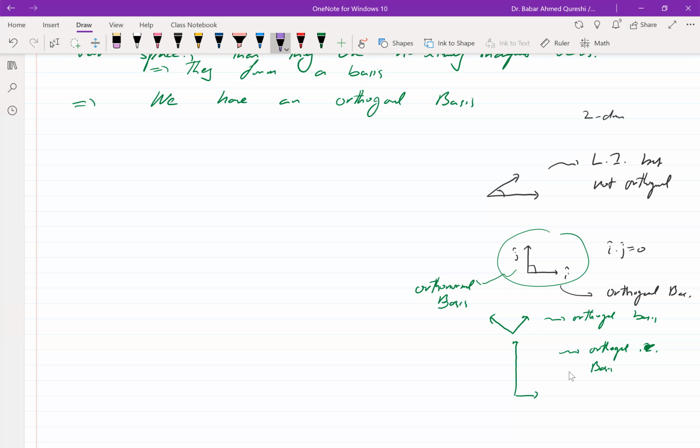So let's take another example of an orthonormal basis in R2.